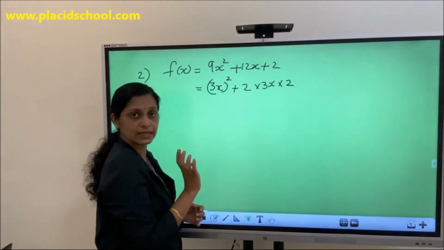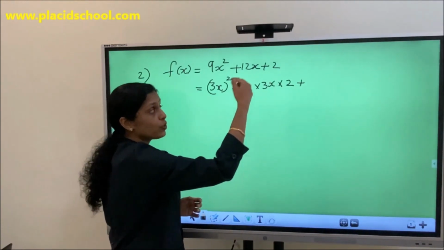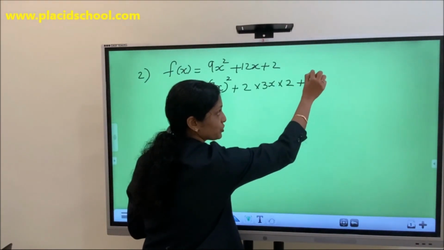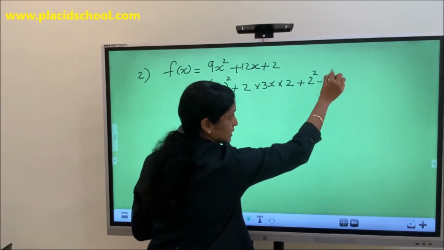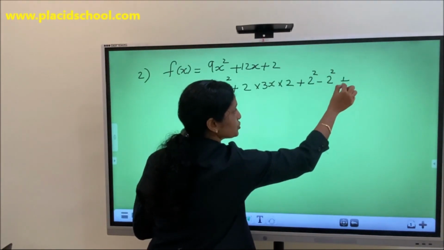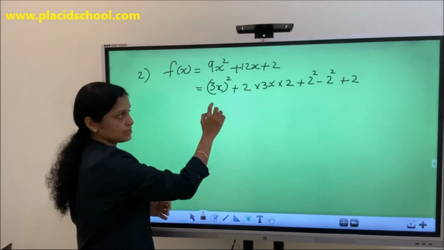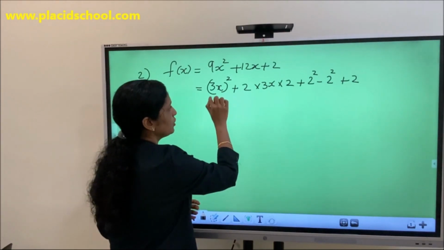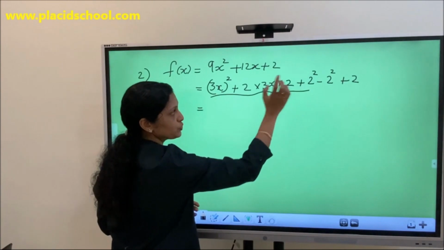Look, 4 into 3x, we are getting 12x. Therefore, b is 2. Therefore, I am going to add its square, 2 square, and for balancing, I am going to subtract it, and plus 2 from the question. This is the process of completing the squares. Then look, from 3x the whole square to 2 square.